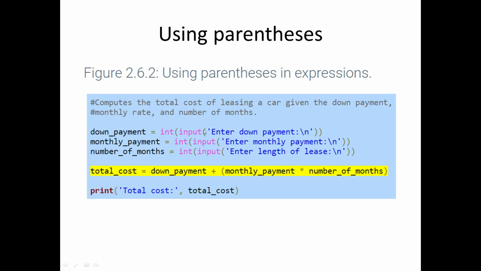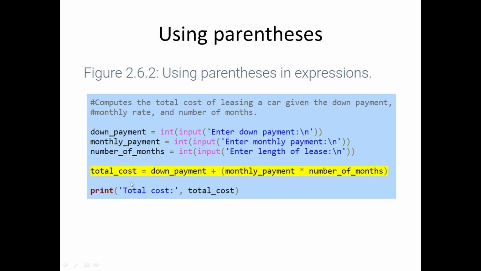We prompt our user to enter a down payment, then advance a line. The value that the user enters will be converted to an integer in this case, and then put in the down payment variable. We're going to do the same thing for monthly payment and number of months. Notice we get those values from the user using the input prompt, and then we put them in the variable.